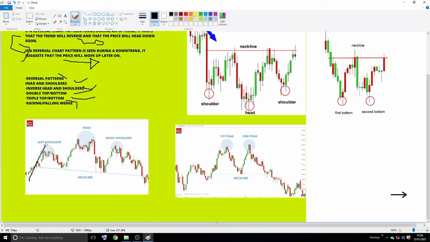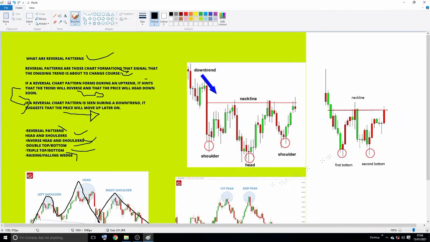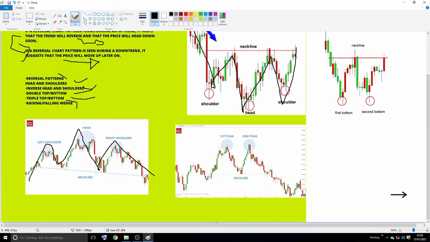This is the head and shoulders. We have the left shoulder, we have the head, and then we have the right shoulder. The inverse head and shoulders pattern is the opposite of the head and shoulders, just upside down. We also have a neckline, and the neckline is where we'll decide on our trade.